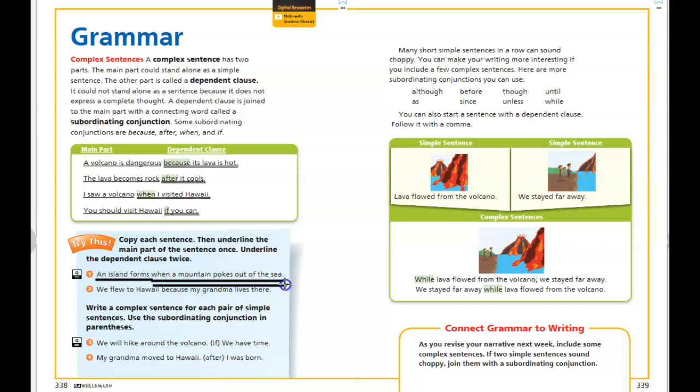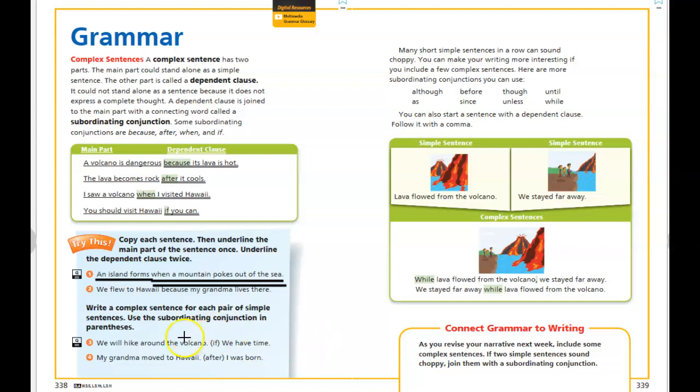So that would be the dependent clause. And then, of course, our conjunction would be the word when, because that is the word that is connecting our dependent clause to our main part of the sentence, forming a nice, lovely, complex sentence. An island forms when a mountain pokes out of the sea.